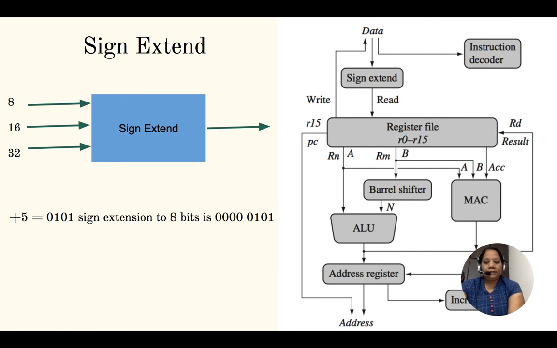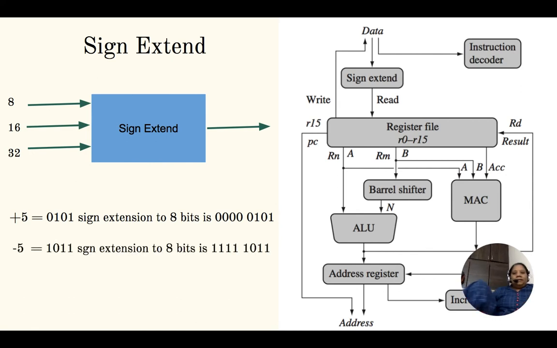But sign extension is not equal to only adding zeros. Suppose we need to extend the value of -5. Negative numbers are represented in 2's complement. We have studied this in our digital electronics classes. So this is the -5 representation.